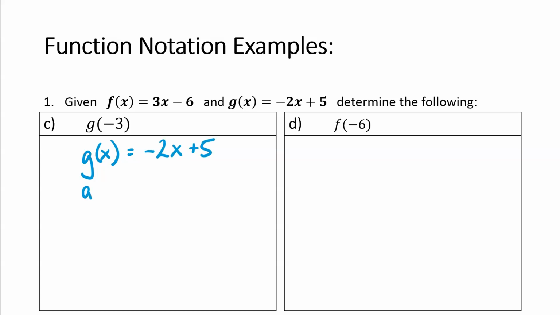But I want g when our x value is -3. So I just substitute that -3 every time I see x, and then evaluate it. So g at -3 equals -2 times -3, that's a +6, plus 5, that equals 11.